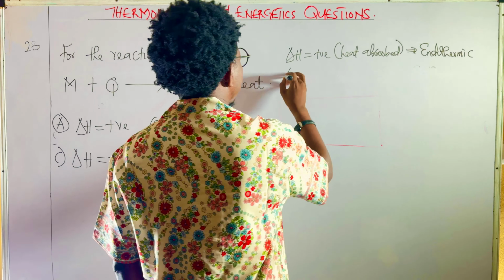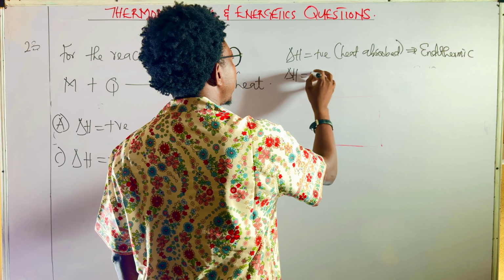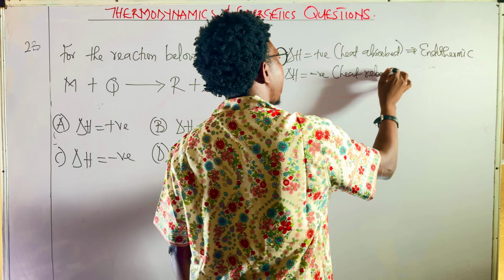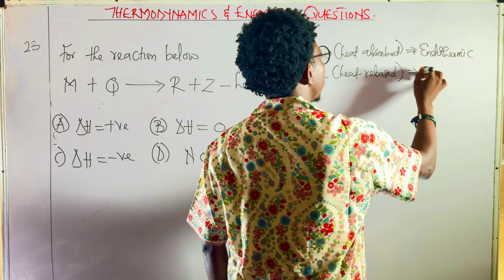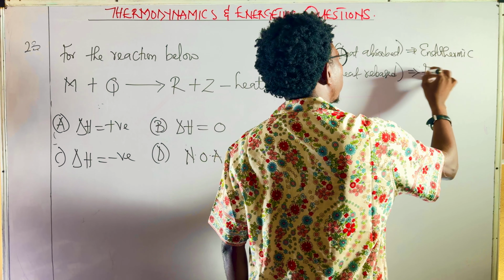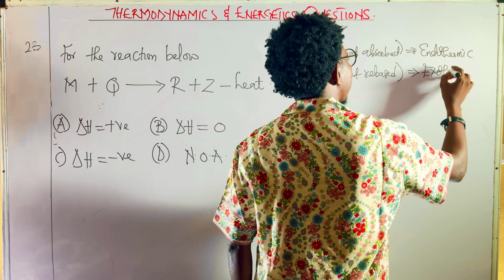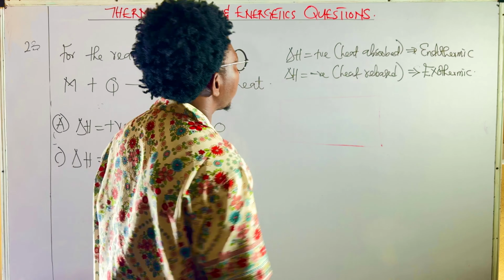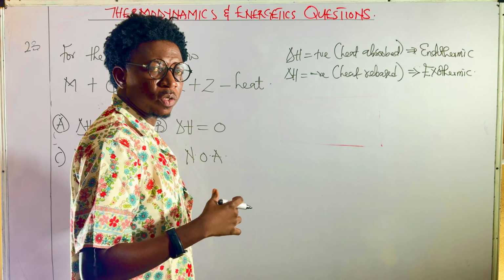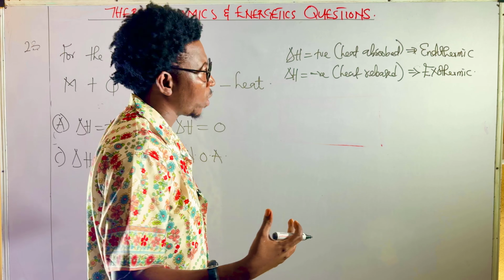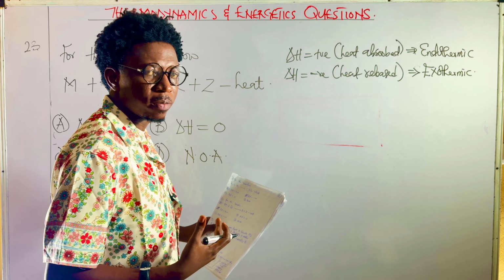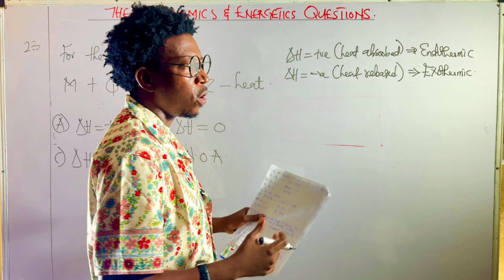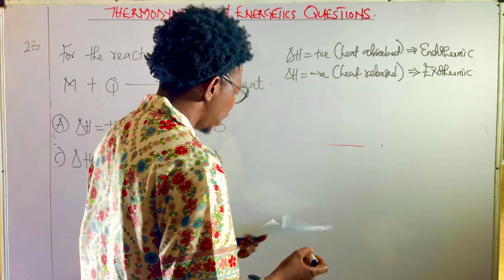Now, if delta H is negative, heat is released and the term used is exothermic. For this reaction, the surrounding will be cooler because heat is absorbed from the surrounding.